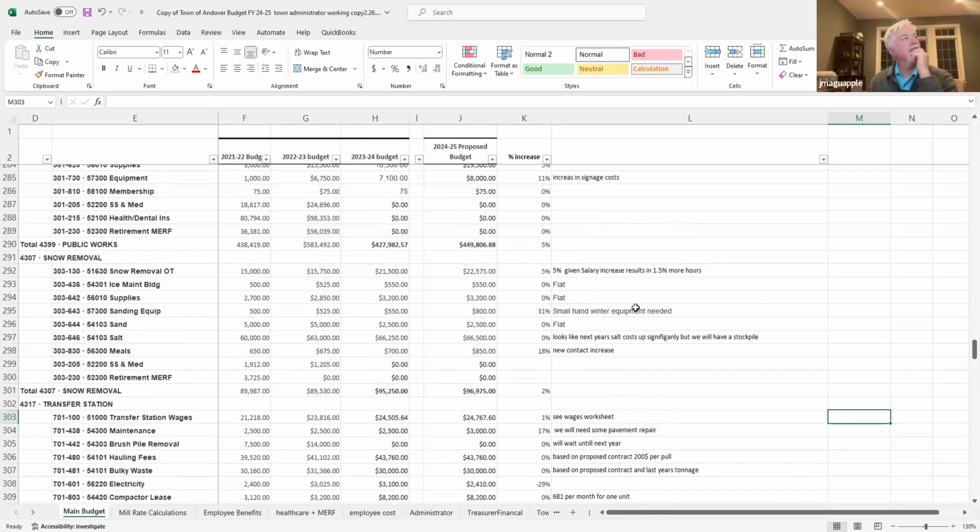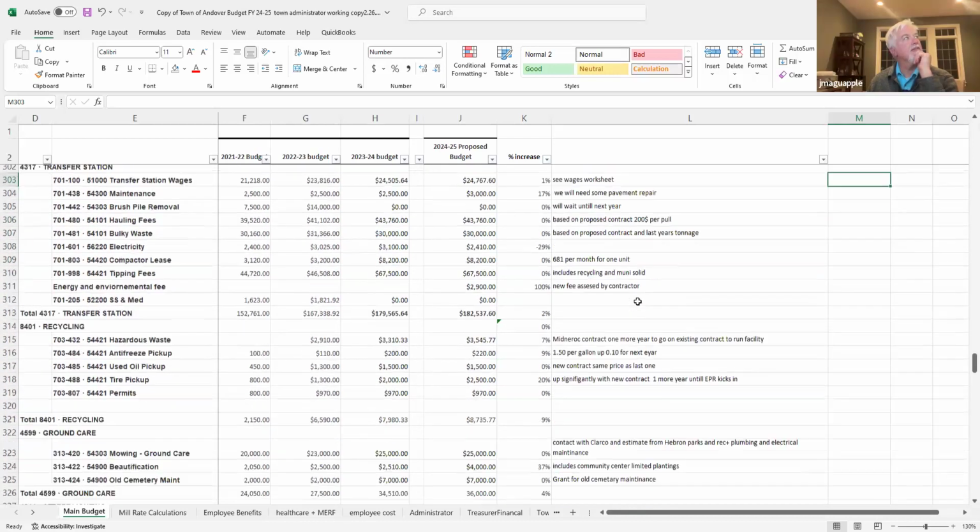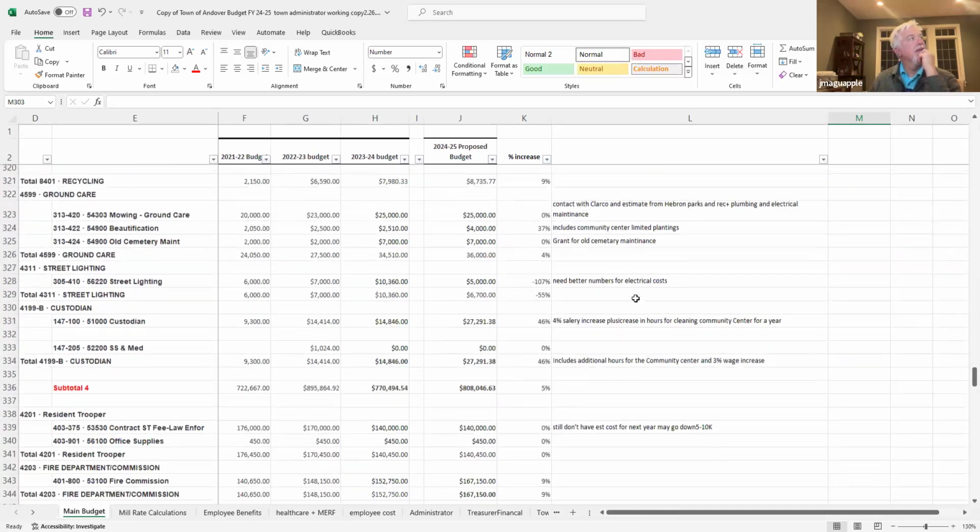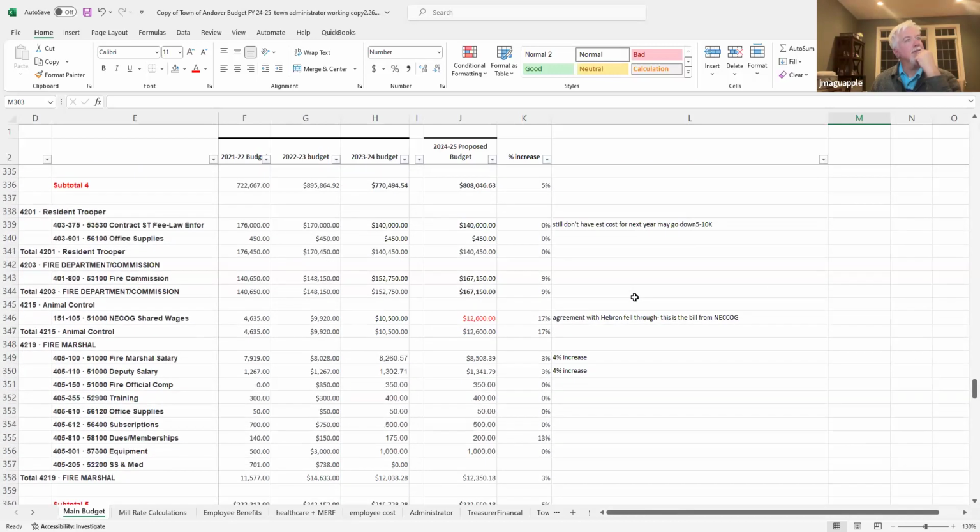So section 5 is resident state trooper, fire department, fire commission, and the fire marshal, $16,000 increase. And that is related to the fire commission asking for an additional 13 or $15,000. Correct.